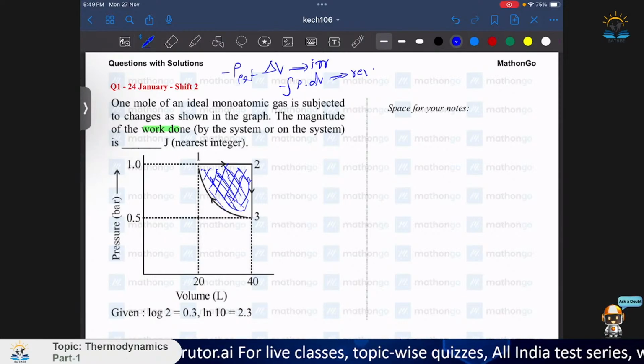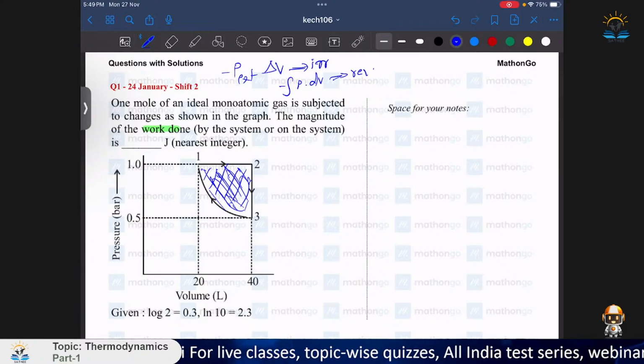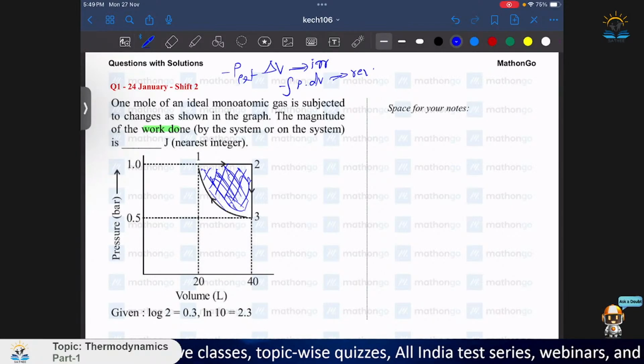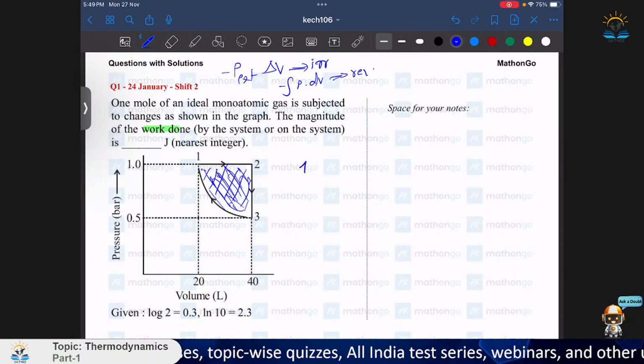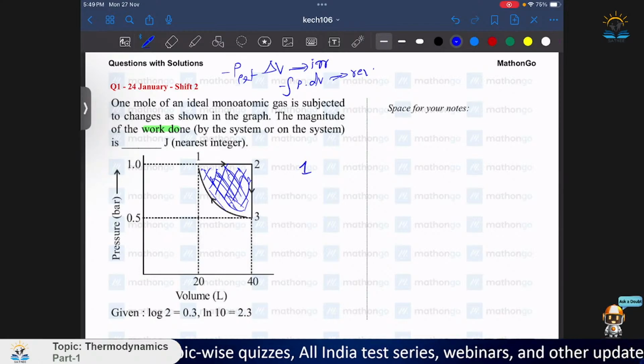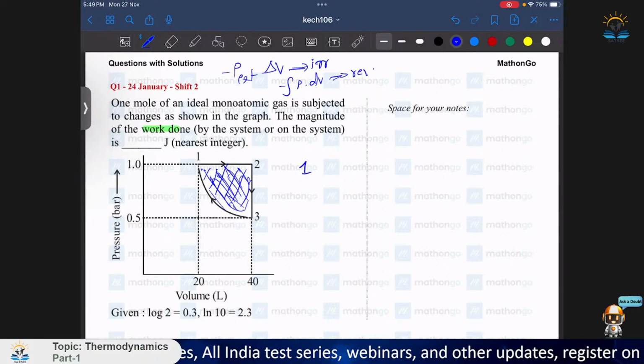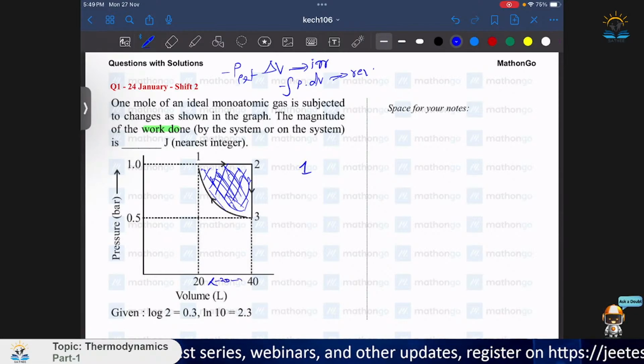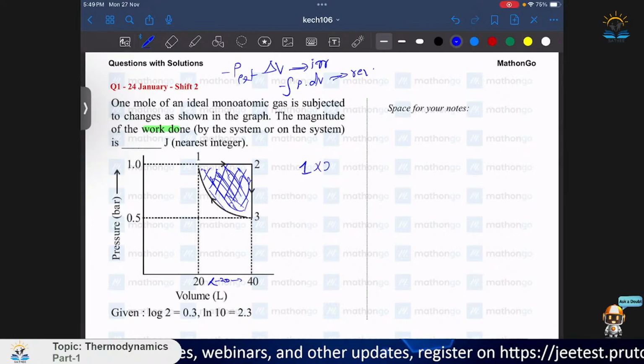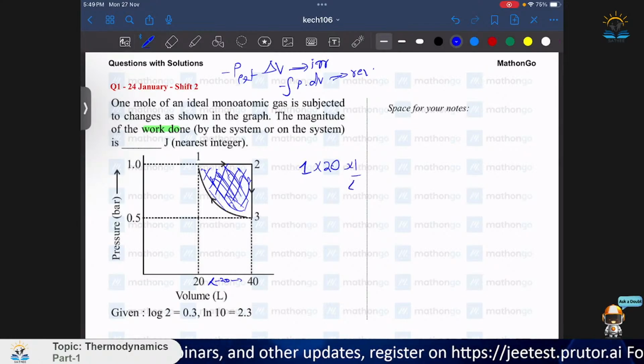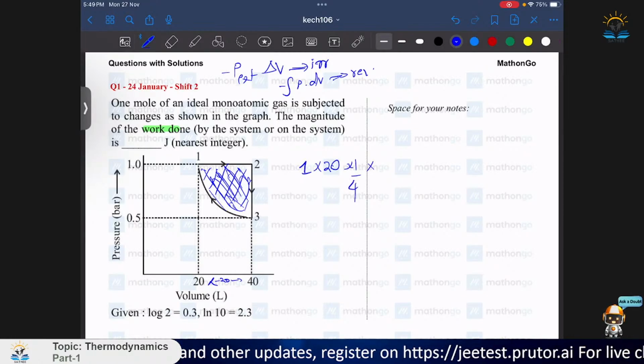The pressure involved is 1 and the volume change is 20 liters, and this is 1/4 of a circle.